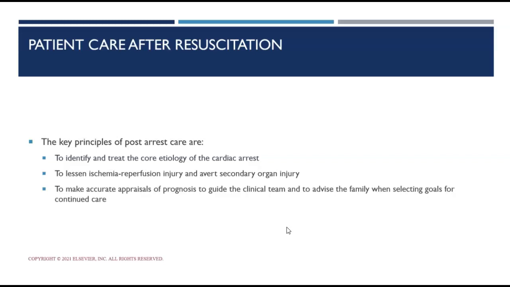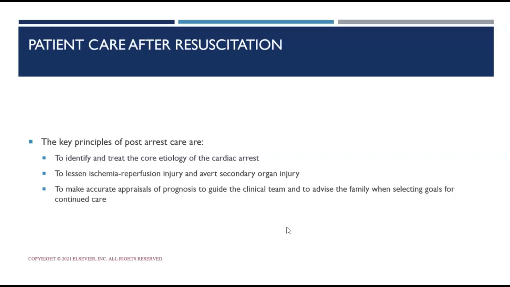So when the brain's not getting oxygen, it's going to go through anaerobic metabolism, and it is going to produce a lot of free radicals through that process. Those free radicals are going to create additional damage and edema to that brain tissue.